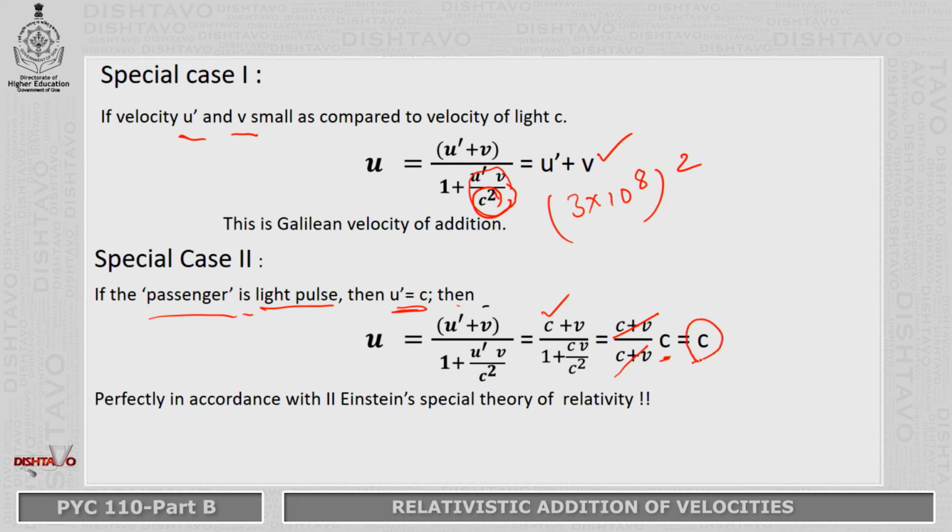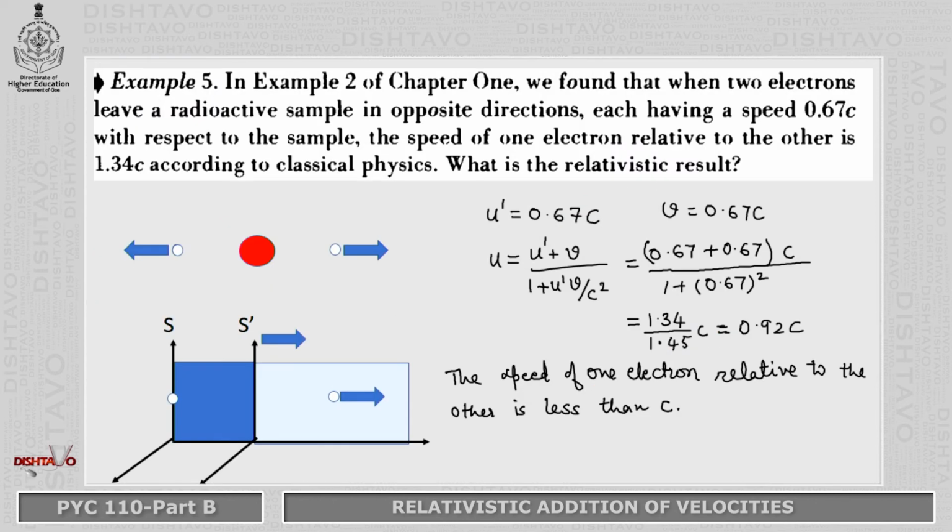So, I get c. The observer in S prime measures the speed of light as c, and the observer in S also measures the speed of light the same. So, this is perfectly in accordance with the second postulate of Einstein's special theory of relativity.